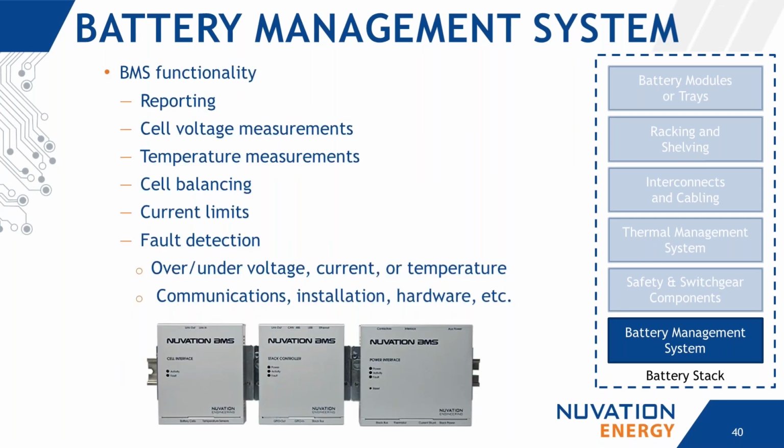Expanding on the BMS, the purpose of it is to provide the ability to report. That includes things like real-time voltage and current, state of charge, and depth of discharge. It provides the ability to capture cell voltage and temperature measurements, as well as conduct cell balancing. It also generates current limits, which are required by either a site controller or the power conversion system.